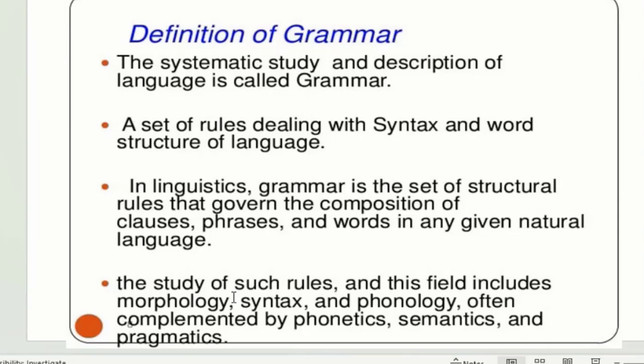In linguistics, grammar is the set of structural rules that govern the composition of clauses, phrases, and words in any given natural language. Yes, by the way, I don't know whether there is still that course at UNISA Linguistics.